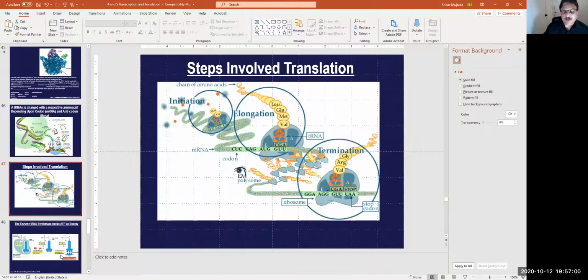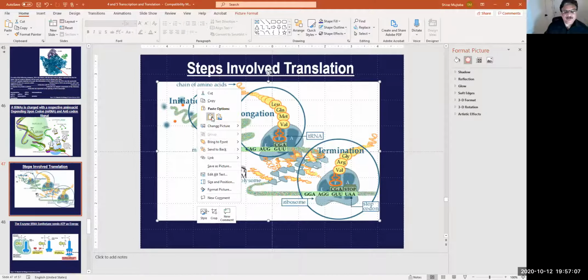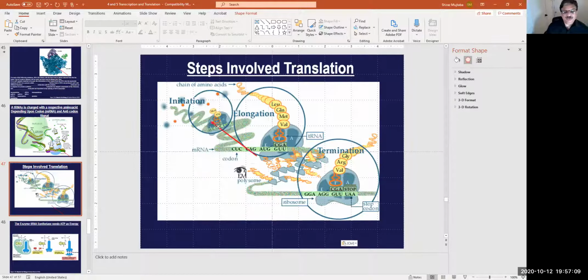Now, as I mentioned to you, this process of translation is very planned, right? Planned in the sense that there is an initiation when the ribosomes and mRNA interact, and then there is elongation when the polypeptide chain is growing, right? A protein could be made up of 10 amino acids, 100 amino acids, or it could be 2000 amino acids. It depends, right? So the longer the mRNA, the longer the protein.